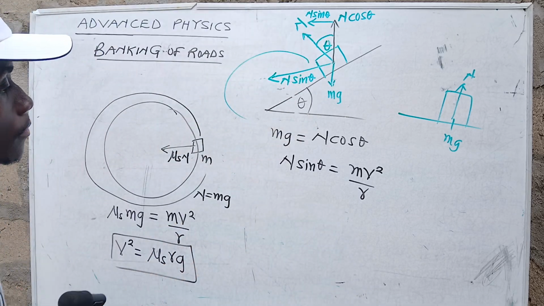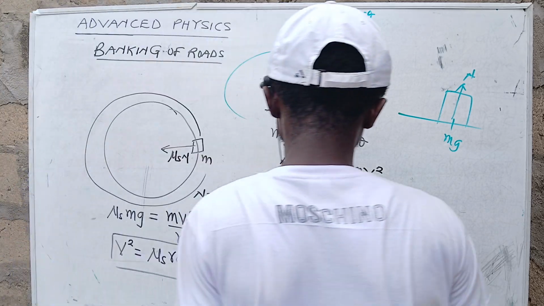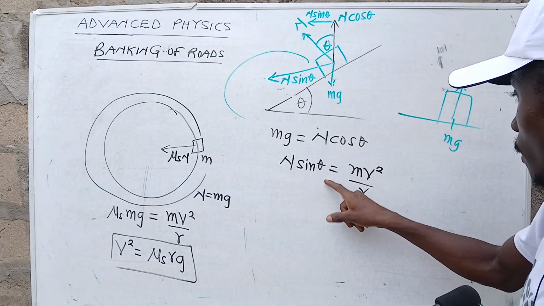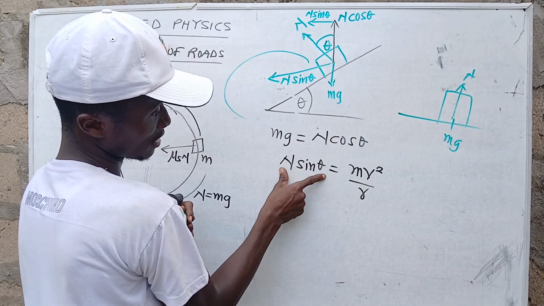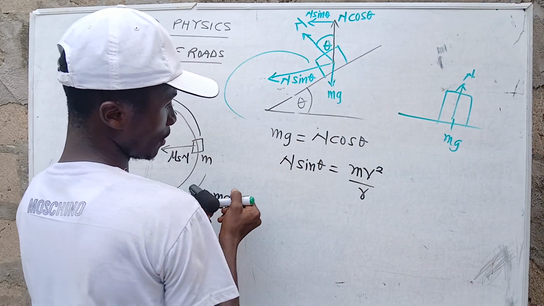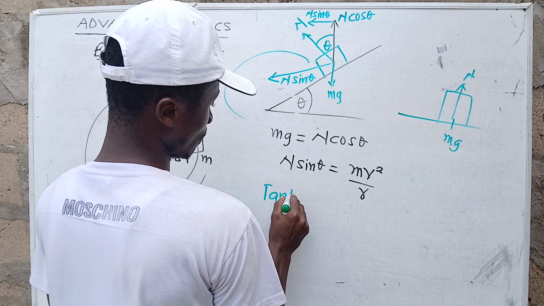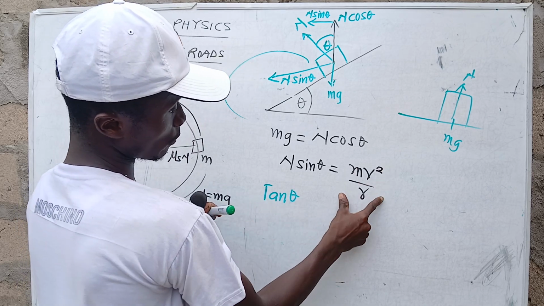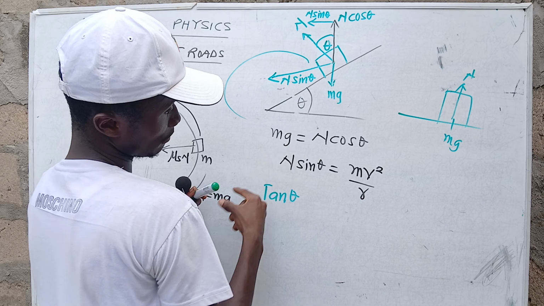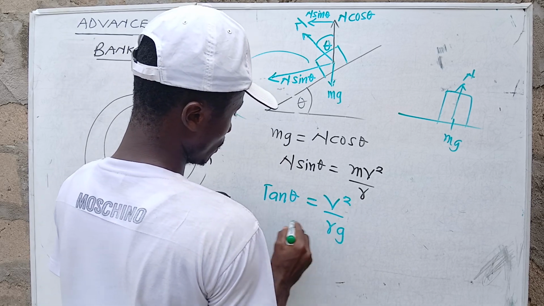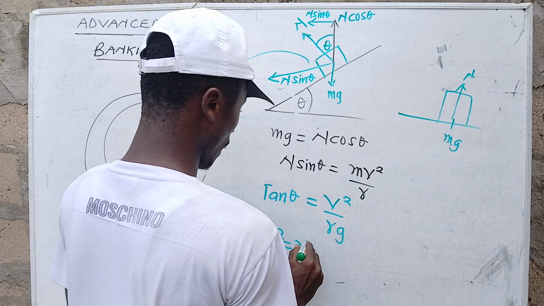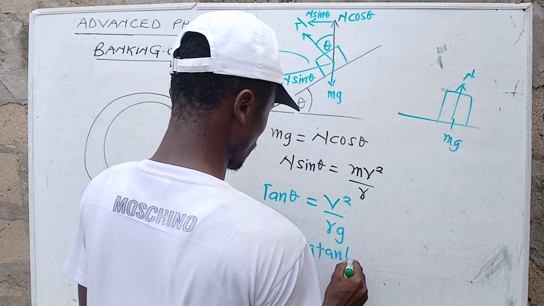And when we divide this equation by that, we have N sine theta divided by N cos theta, we have tangent of theta. Then we have mv squared over r divided by mg, we have v squared over rg. So v squared will be equal to rg tangent of theta.